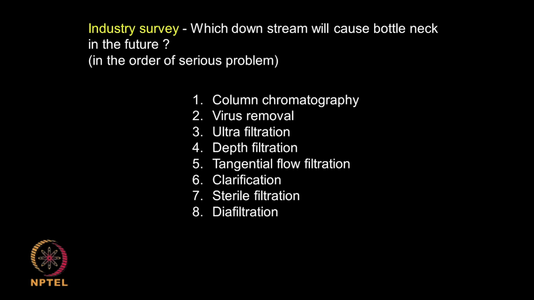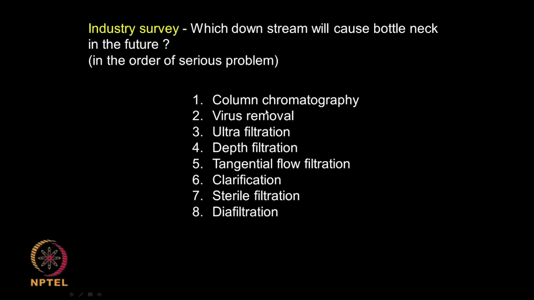Okay. When an industry survey was done, which will cause bottlenecks in the future, in order of serious problem: column chromatography, virus removal, because if you are collecting antibiotic through fermentation, you have to be very sure that the bacteria or the yeast that is producing these antibiotics is completely removed, because antibiotic is a drug.